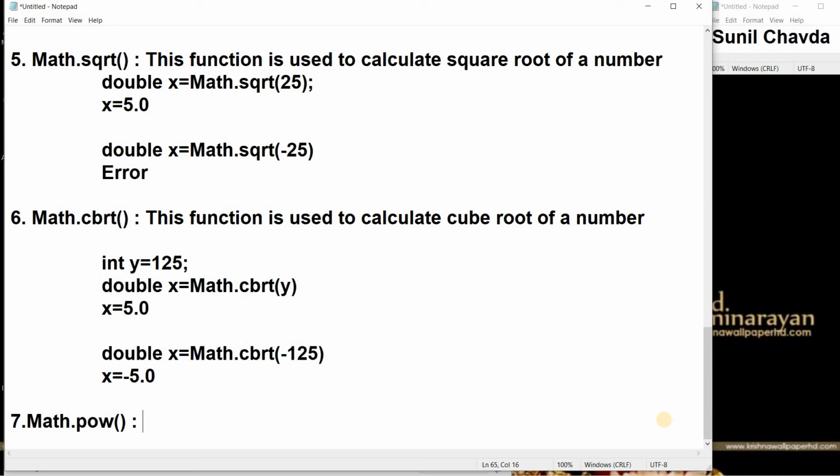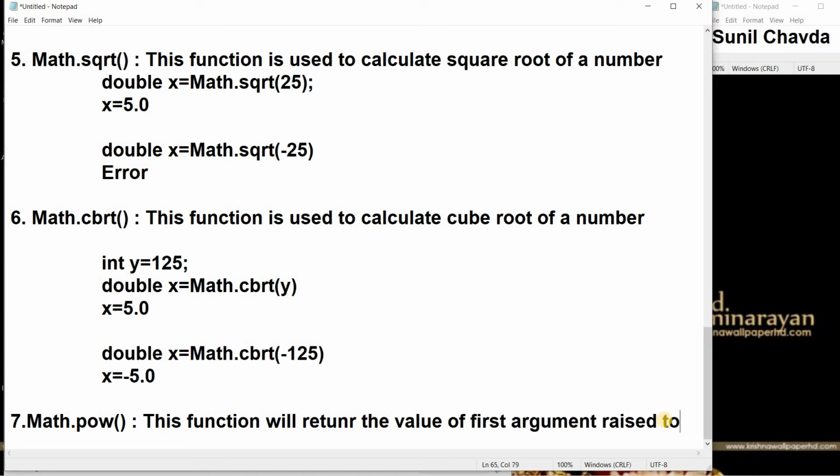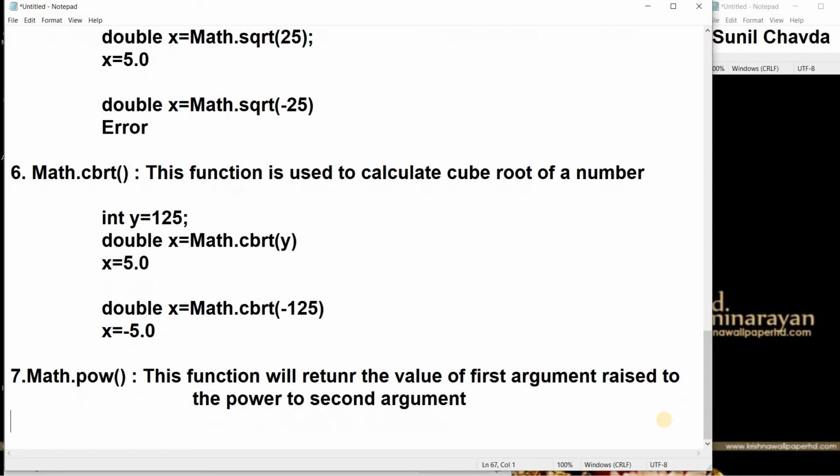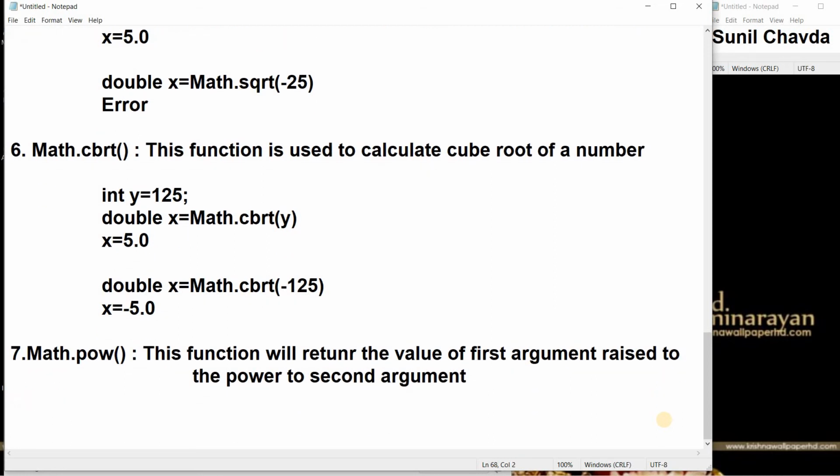This function will return the value of the first argument raised to the power of the second argument. So if you want to calculate a raised to b, you can use Math.pow.